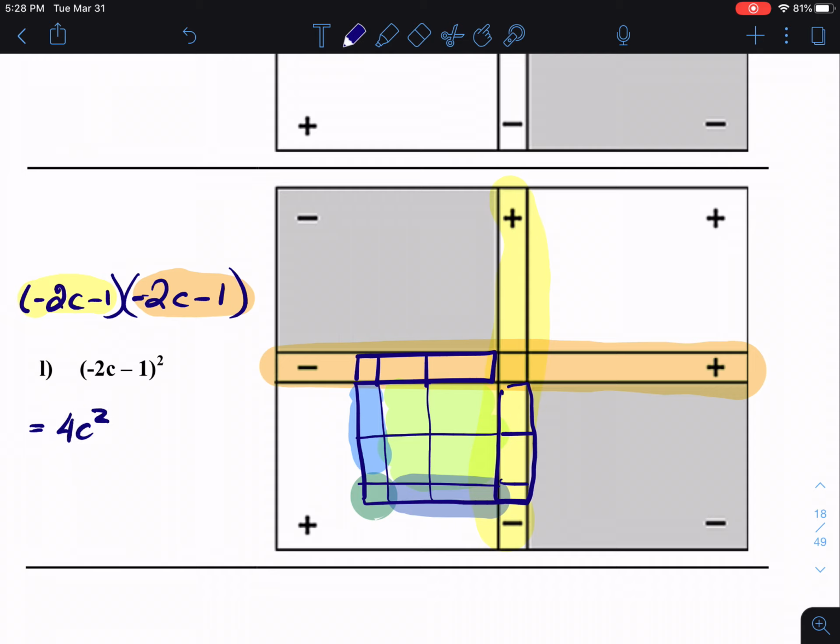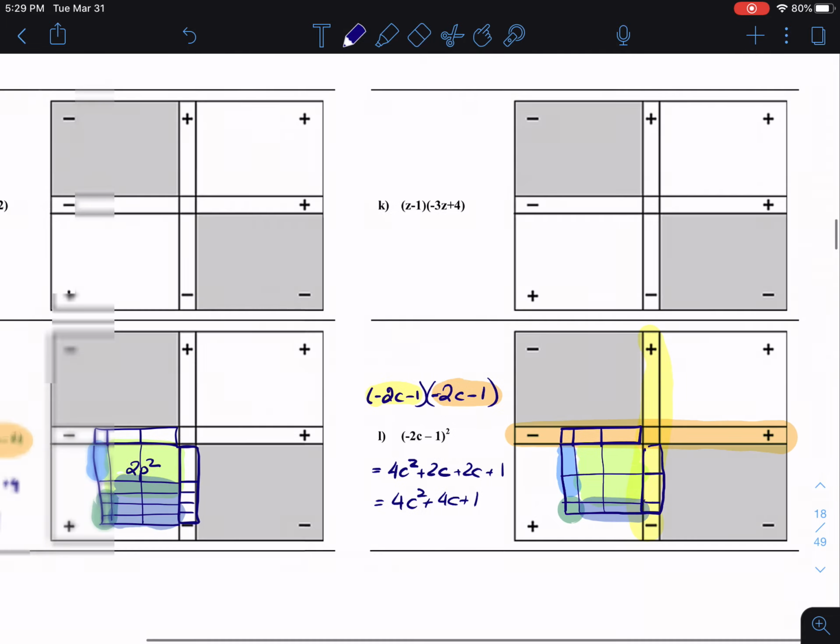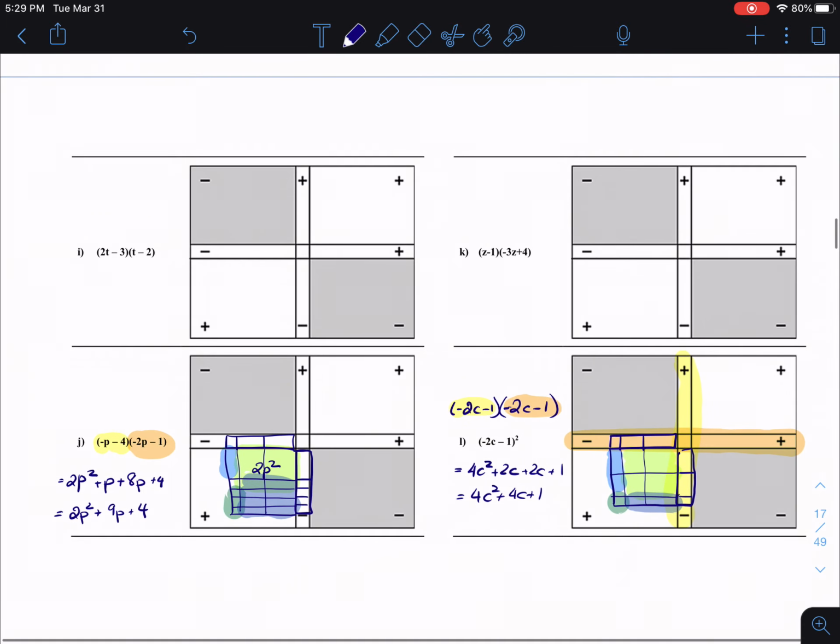We have 4c squared, 2 c's in the light blue, 2 c's in the dark blue, and plus 1. If we wanted to simplify this, there'd be 4 c's altogether, 2 of them in the light blue and 2 of them in the dark blue. So that would be the simplified product.